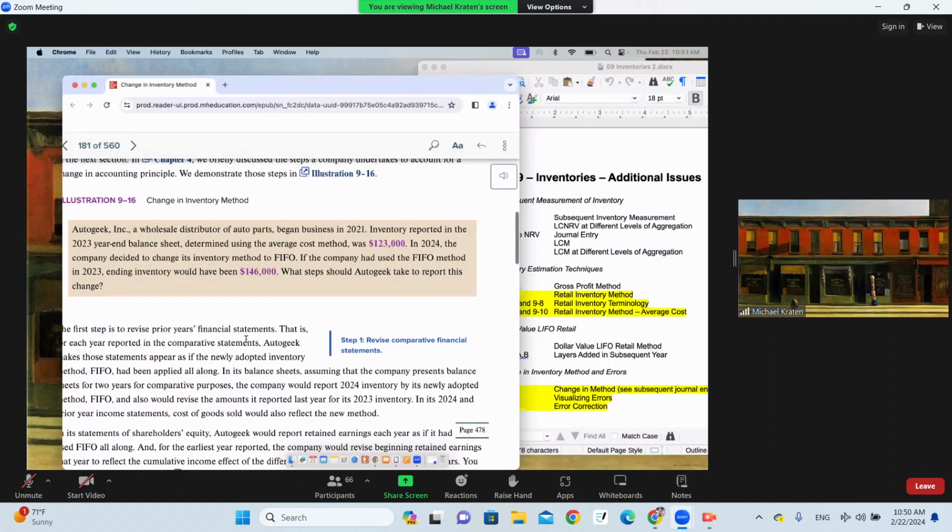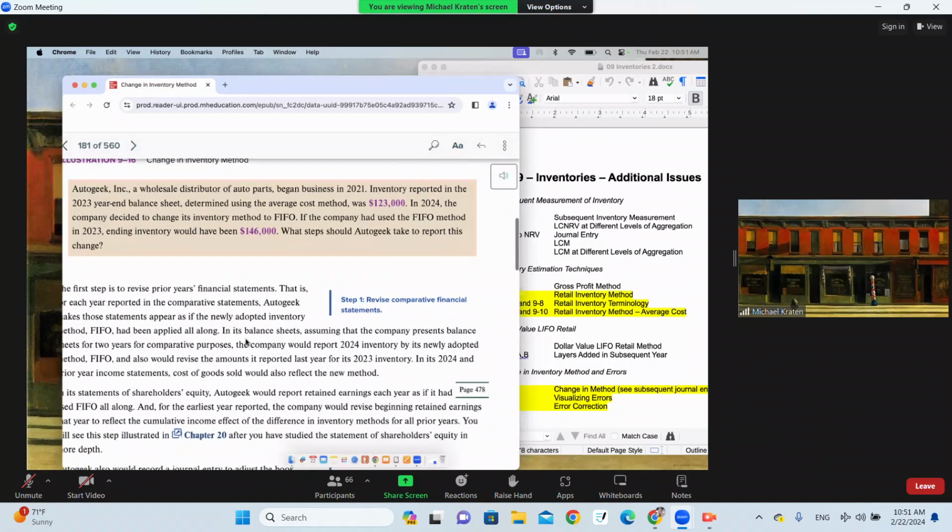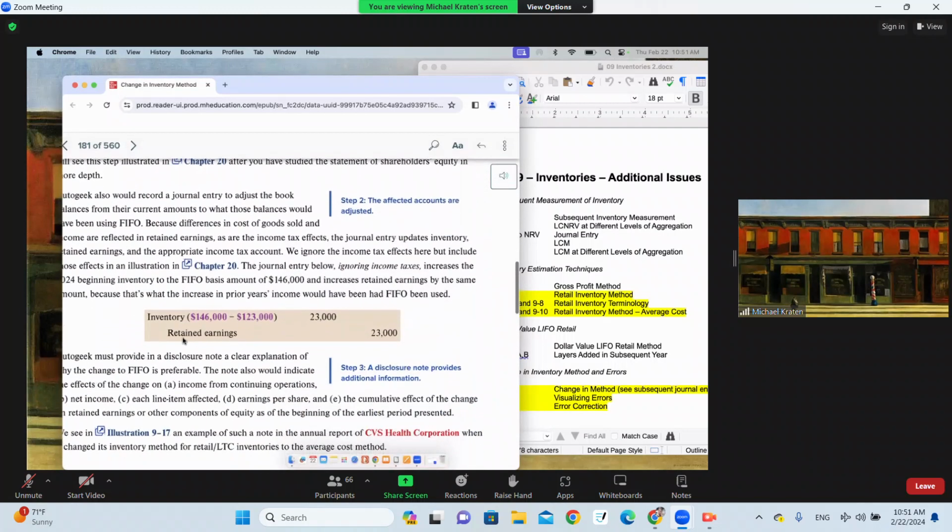If you want to increase revenue by 23, that's a problem because the inventory was bought years ago. And so revenue related to the inventory is revenue of a few years ago. But at the end of every year, revenues and expenses are swept into retained earnings.